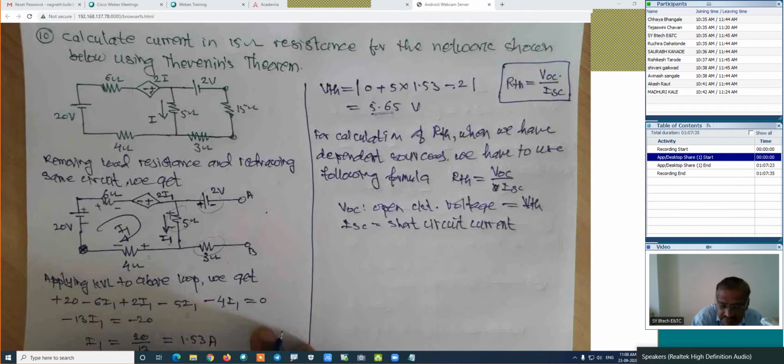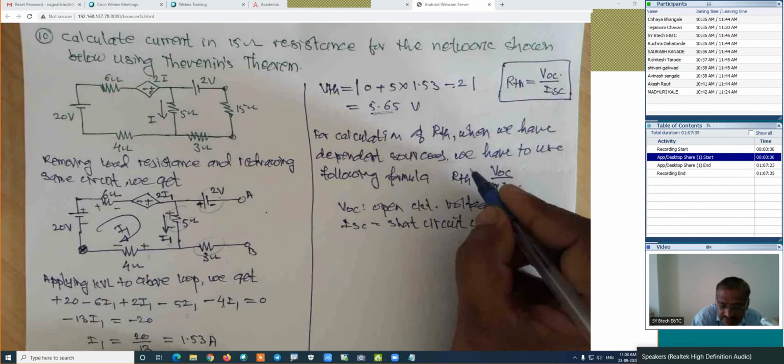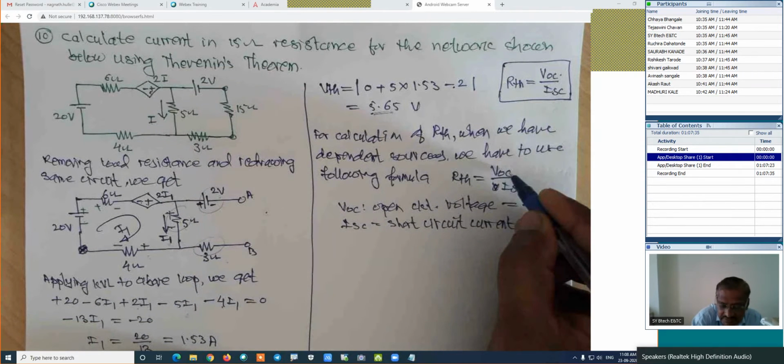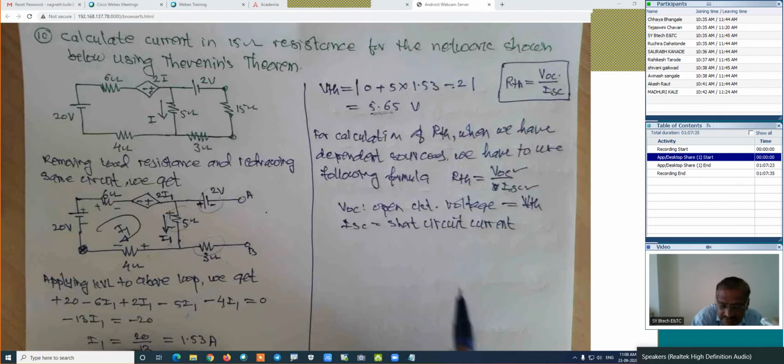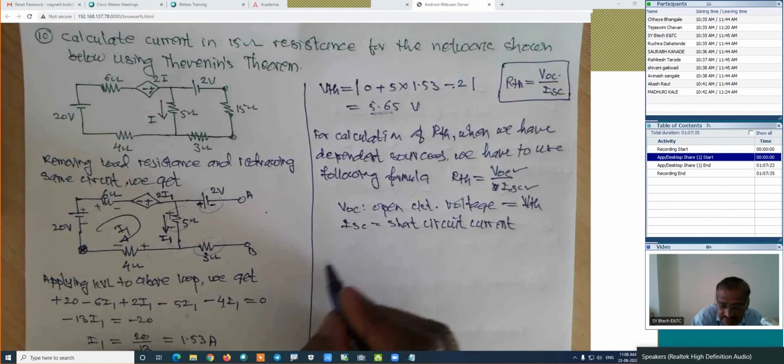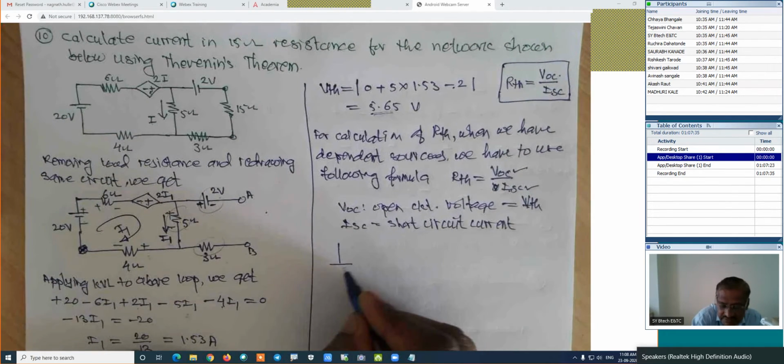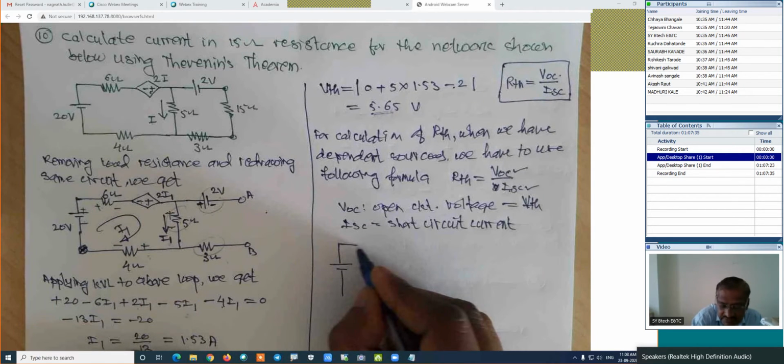How will the circuit be for the calculation of this RTH? We are interested in VOC and ISC. Already we have calculated VOC. Now we are interested in the ISC. For the calculation of ISC, how will the circuit be? It will be something like this. The circuit is the same.